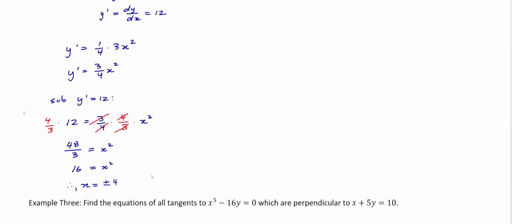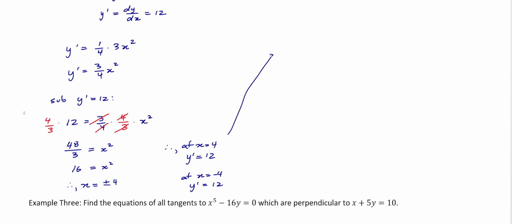What I just have found is that at x is equal to 4, the slope y prime is equal to 12, and at x is equal to negative 4, y prime is equal to 12. So I'll actually have 2 lines where the slope of the tangent is 12.